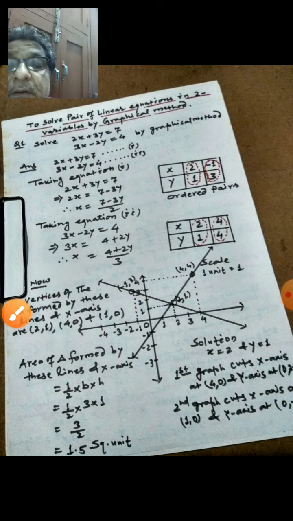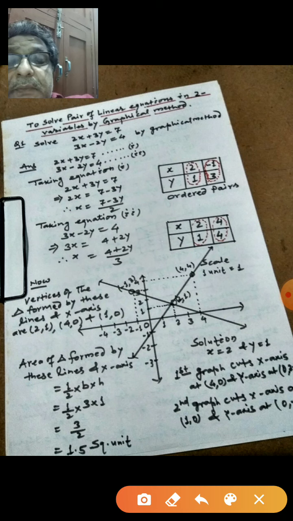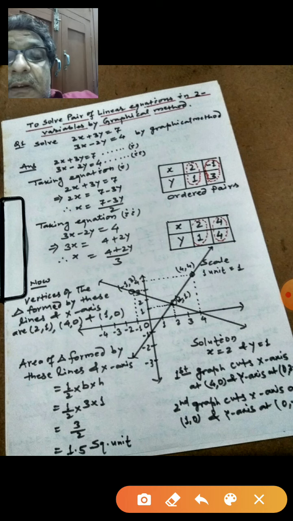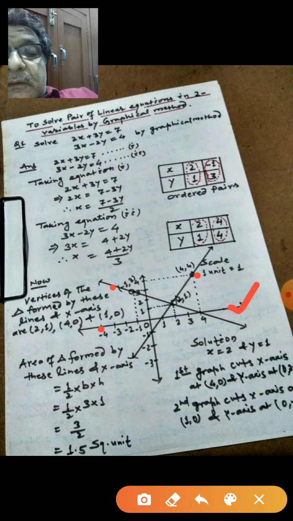Similarly, another tail question may be like this: write the vertices of the triangle obtained by these lines and the x-axis. That means here it is asked that you find the triangle which is made by these two lines of the given equations with the x-axis.